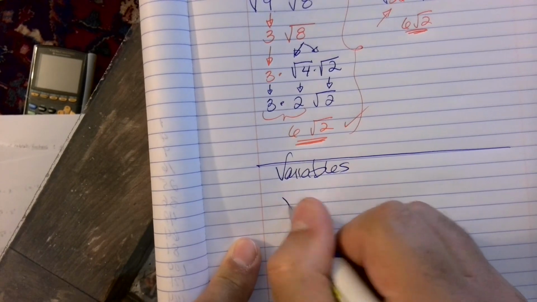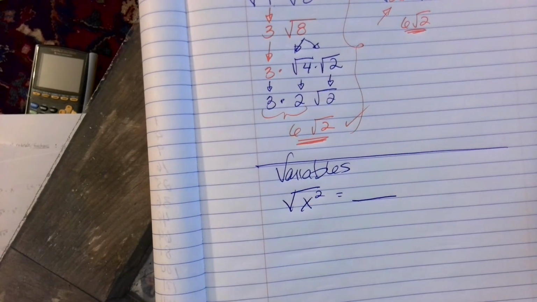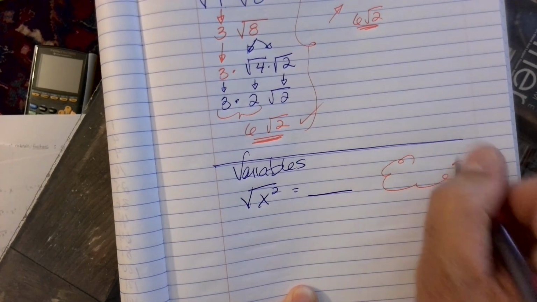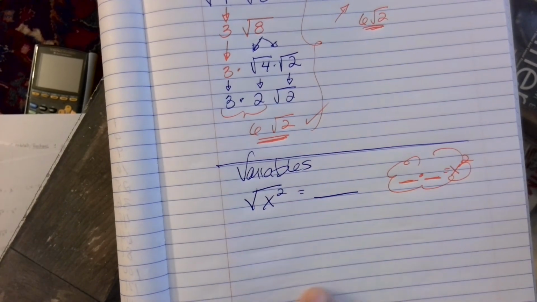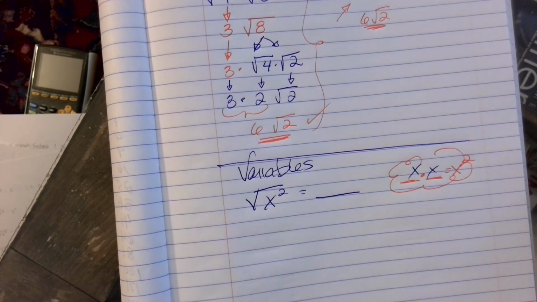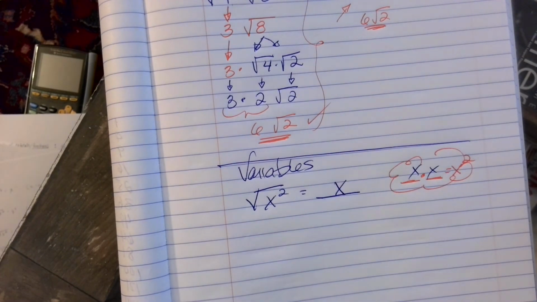What if I had the square root of x squared? What's the square root of x squared? Well, again, that's asking the question, what times what will give me x squared? And we know that x times x would give me x squared. Therefore, the square root of x squared is x, right?